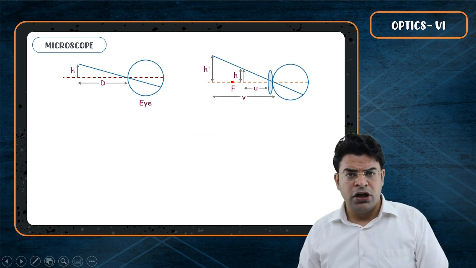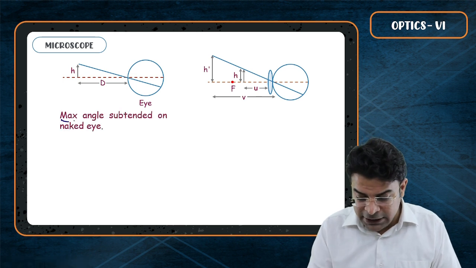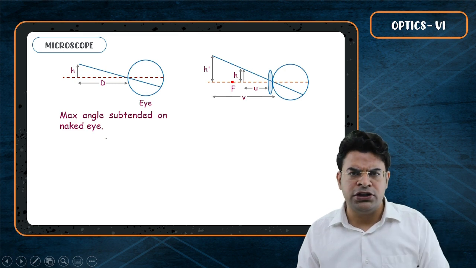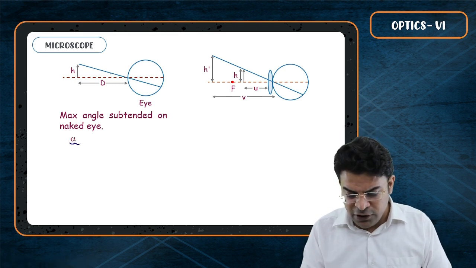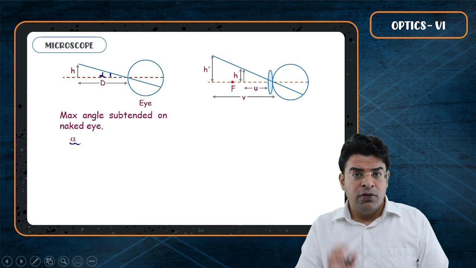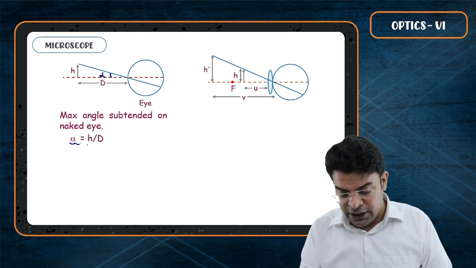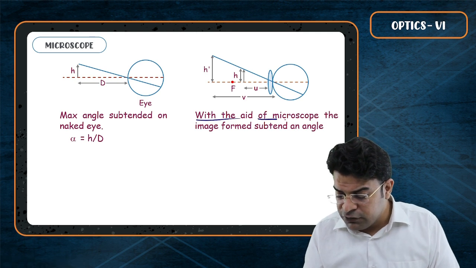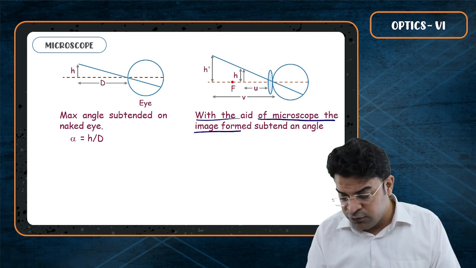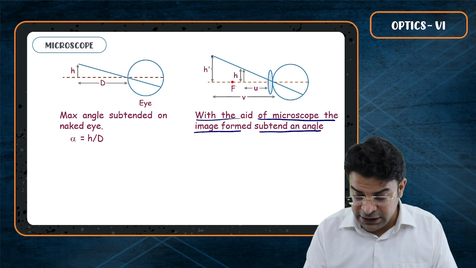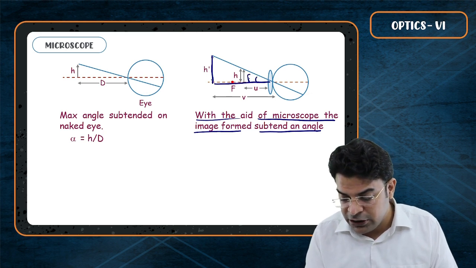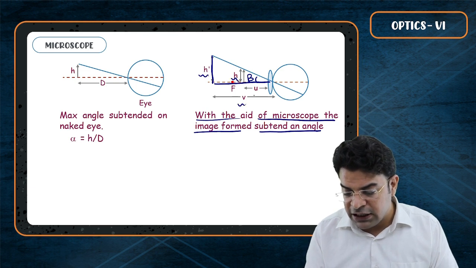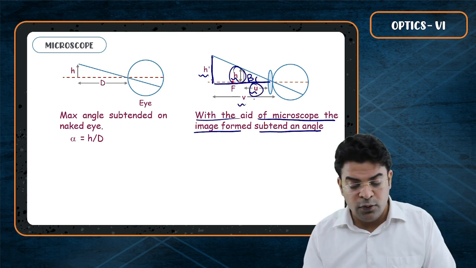So do understand that the maximum angle that can be subtended on the naked eye without the aid of any optical instrument is alpha, and for small alpha this will equal h by D. Second, with the aid of the microscope, the image formed subtends an angle, let's say beta. This beta can be either h' by v or h by u, but I am taking it as h by u for some reason.